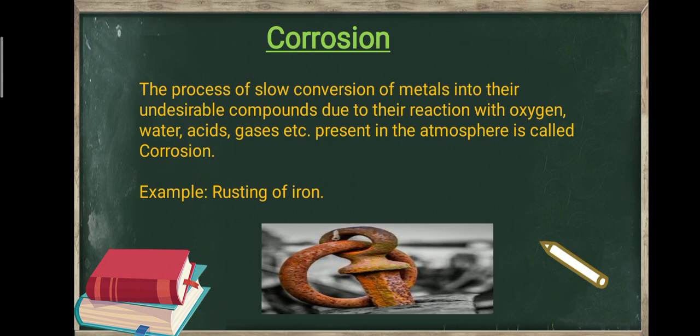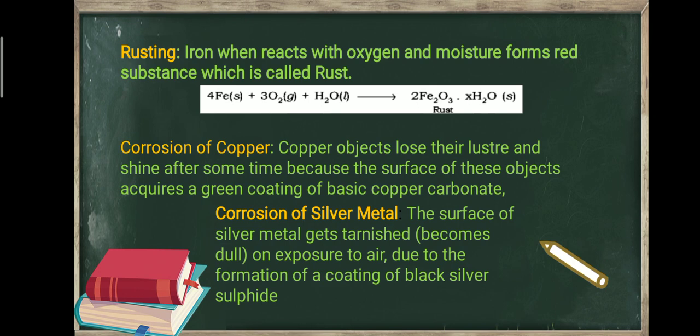The common example of corrosion that we see in our daily life is rusting of iron. After some time iron loses its properties and makes an undesirable compound, which is known as rust, and this phenomenon is known as rusting of iron.